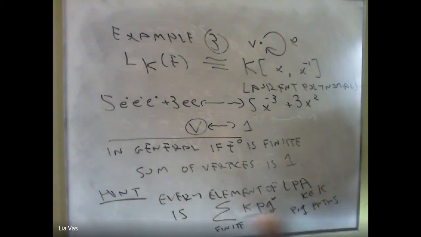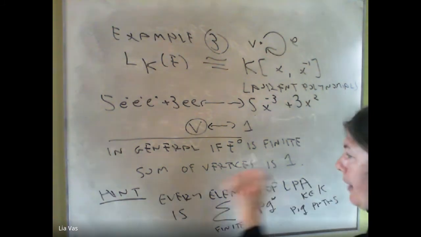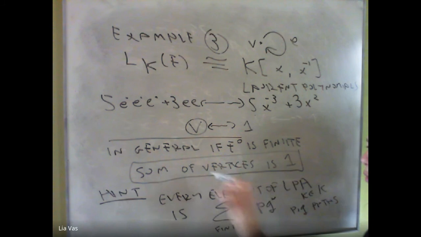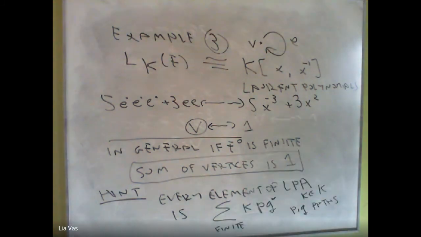If you convince yourself of this, then using the axioms you can show that the sum of vertices is going to be identical.